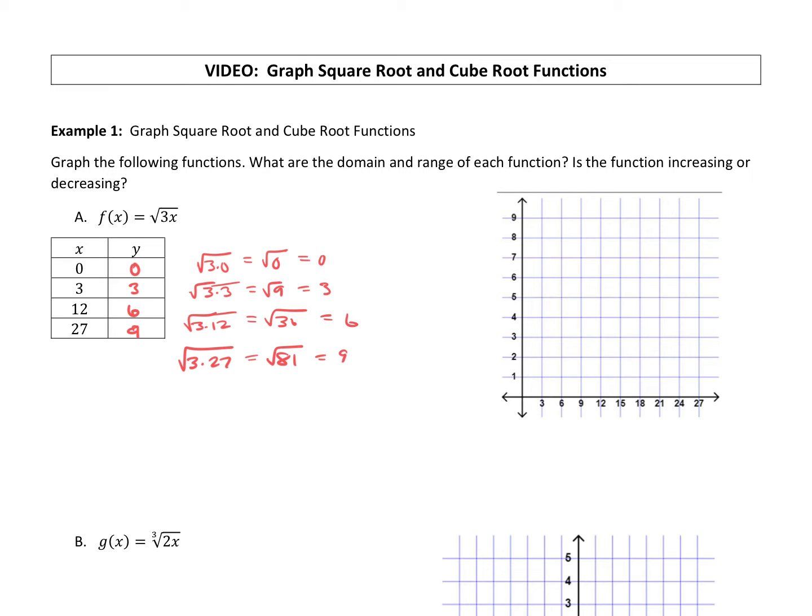All right, so let's plot those points to see what this graph looks like. We've got the ordered pair 0, 0. And let's take note that we are counting the x-axis by 3s, and we're counting the y-axis by 1s. So we'll want to be careful when we are plotting these. The next ordered pair is 3, 3. So I'm going to go over 3 on the x-axis and up 3 on the y-axis, which puts us right there.